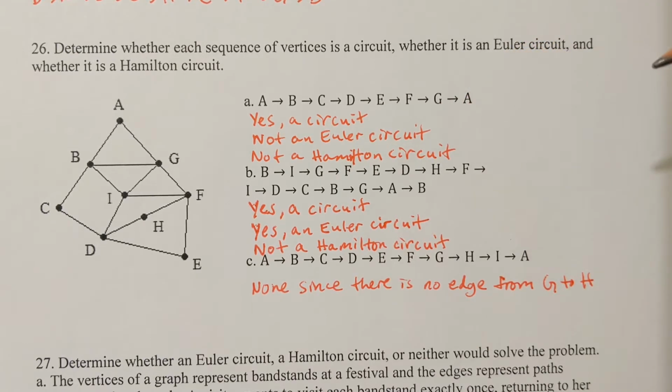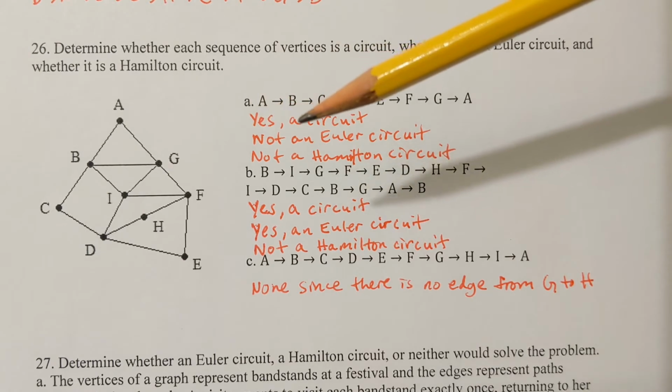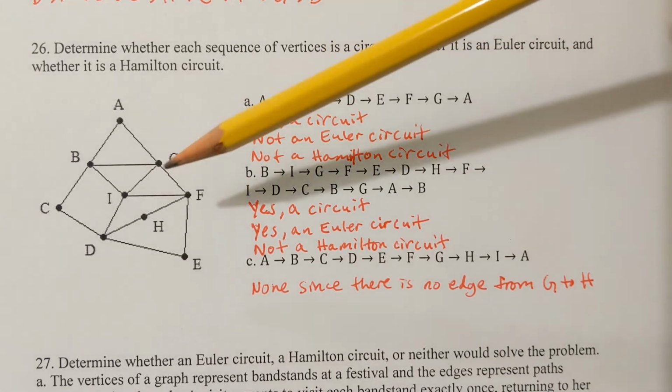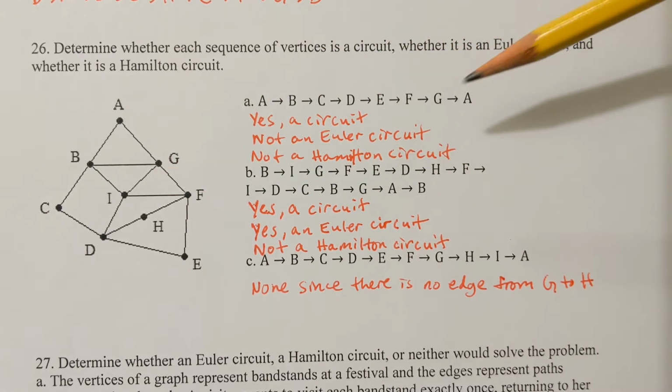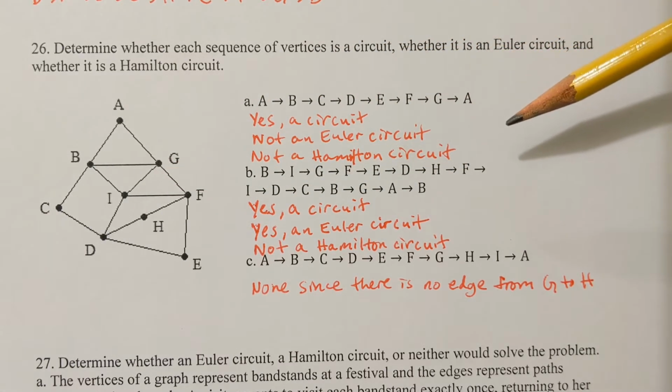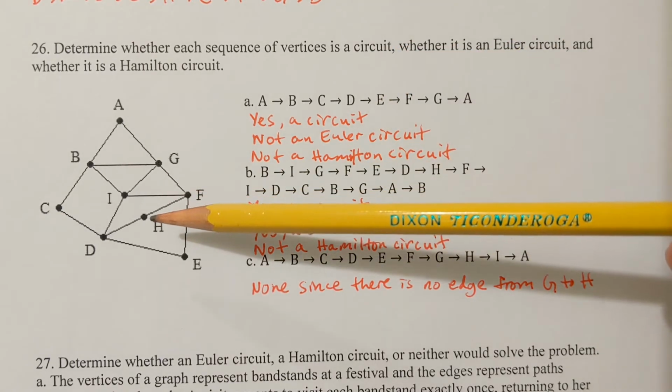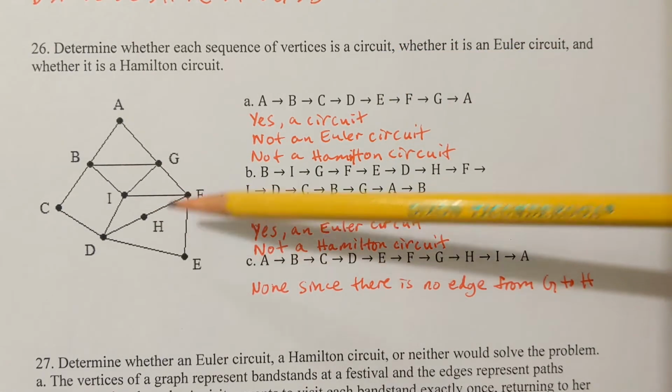Well, no. An Euler circuit is a circuit where you've got to hit every edge exactly one time, and we didn't do that. Is it a Hamilton circuit? No, because I didn't hit vertices I and H.